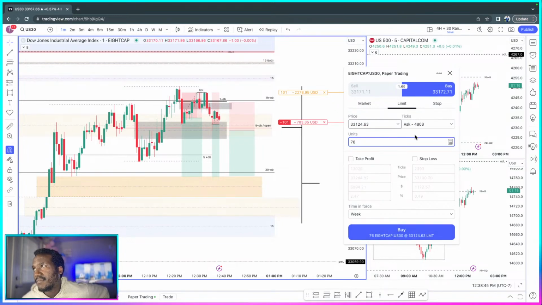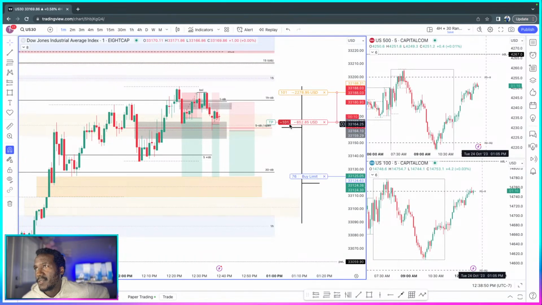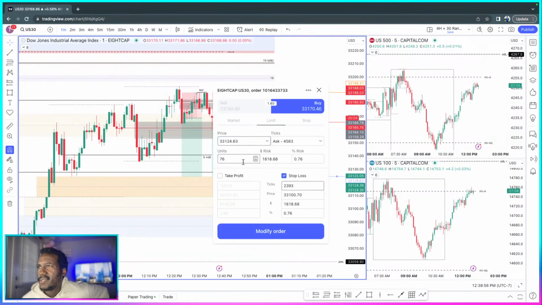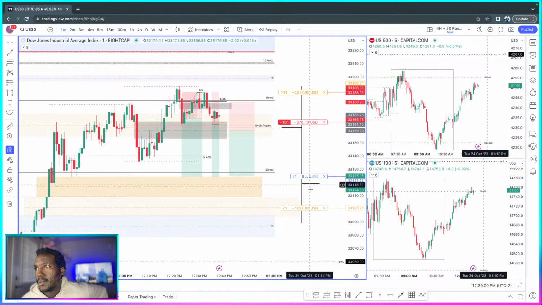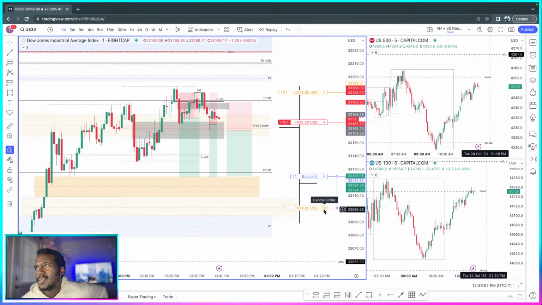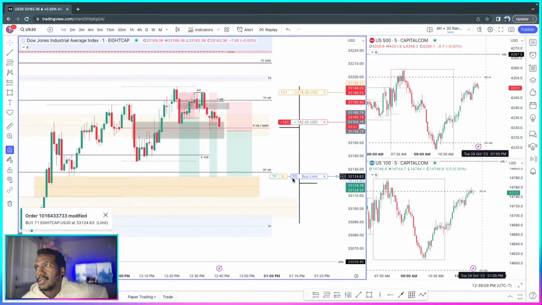So we'll have a buy limit. Okay. So we're going to close 76 of this, so we'll have like 30 units. Wait, no, I should have closed 71, so we can have 30 units running. There you go. Now we need the buy limit.